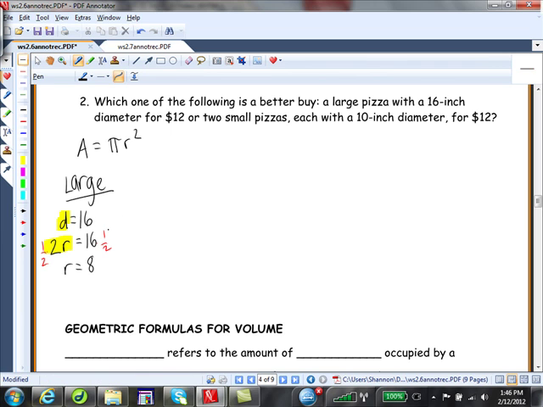So here, when we do our area, the area is pi times 8 squared. So the area is 64 pi square inches.